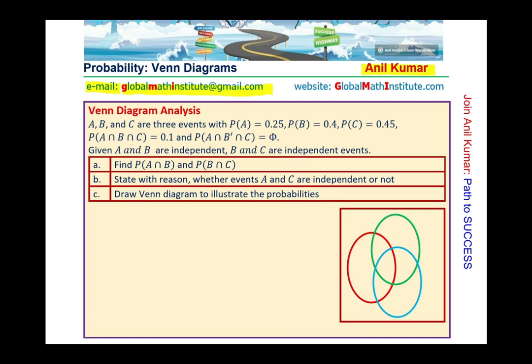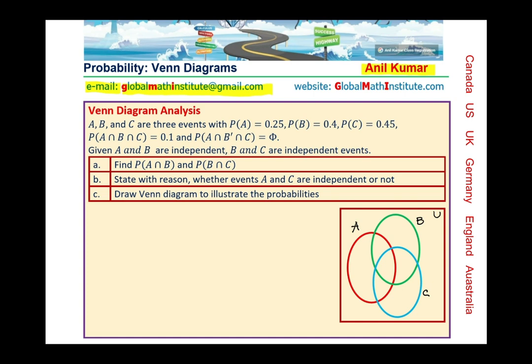Let's begin with answering part A, which is to find probability of A intersection B and probability of B intersection C. So let's label these events as A, B, and C. So we have A, B is the green one, and C, the blue one for us. And that is the universal set.